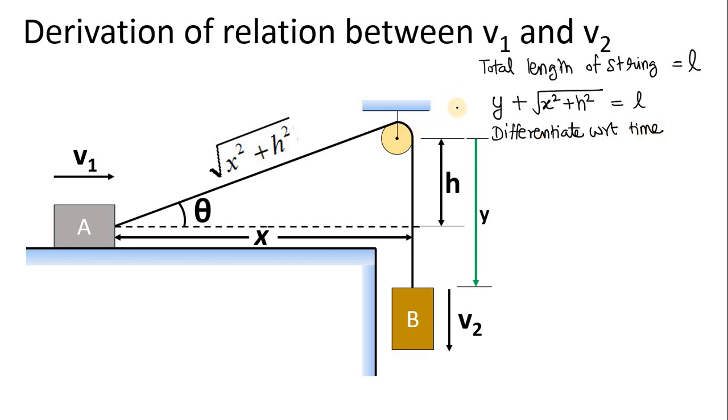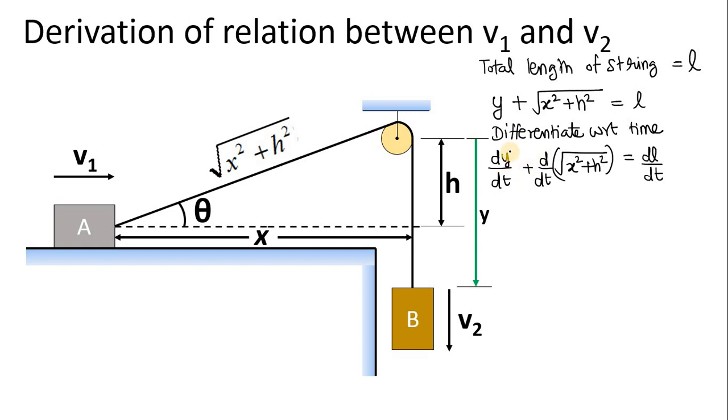Always in a constraint motion problem, write down the total length of the string with the variables and then you differentiate with time. So dy by dt plus the d by dt of this square root of x square plus h square is equal to dL by dt.